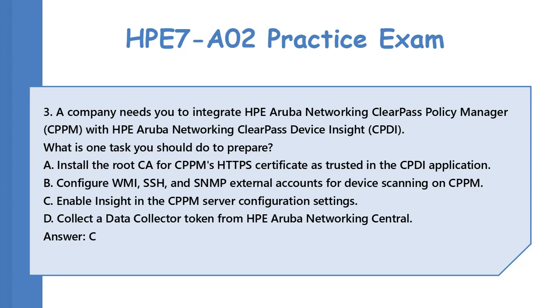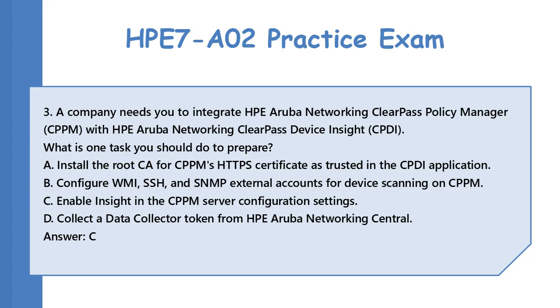3. A company needs you to integrate HPE Aruba Networking ClearPass Policy Manager, CPPM, with HPE Aruba Networking ClearPass Device Insight, CPDI. What is one task you should do to prepare? A. Install the root CA for CPPM's HTTPS certificate as trusted in the CPDI application.